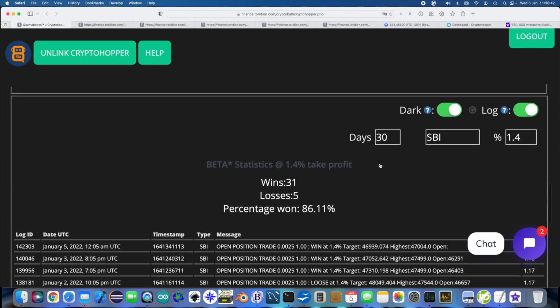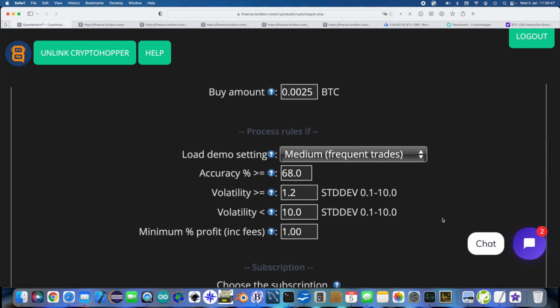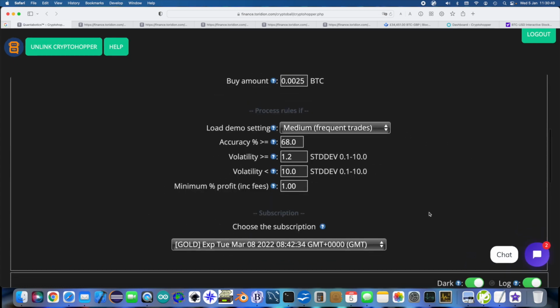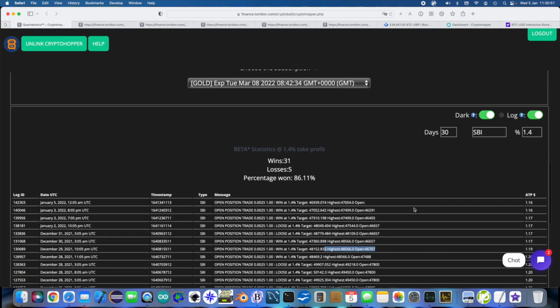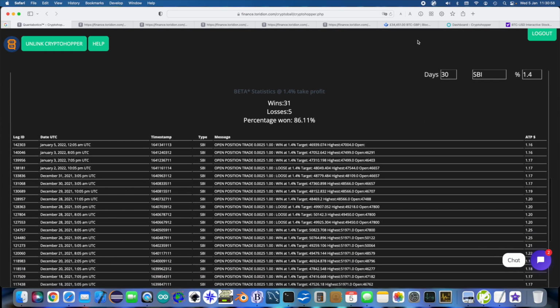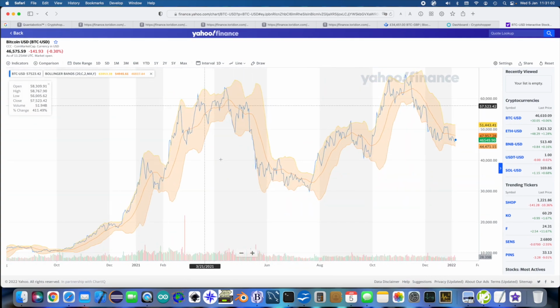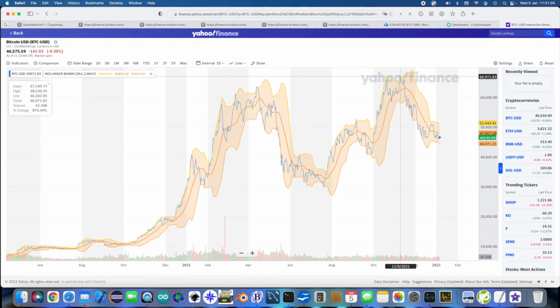So what does it basically mean? Well, the SBI tries to buy on the bottom of a market. So I tend to use it myself when there's been an all-time high. So when there's been an all-time high like this here, pretty much you can guarantee that it's not always going to, but it's likely it's going to drop from the all-time high.